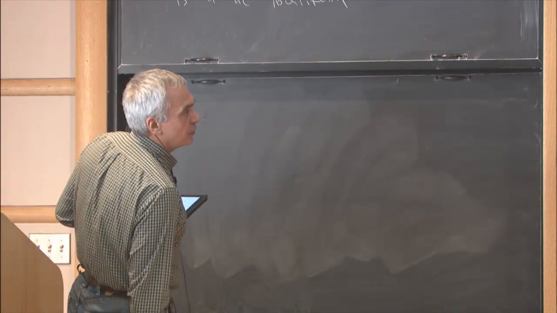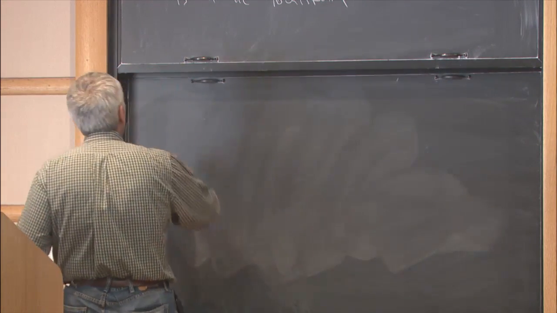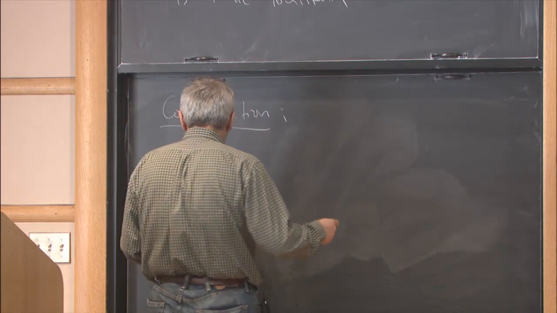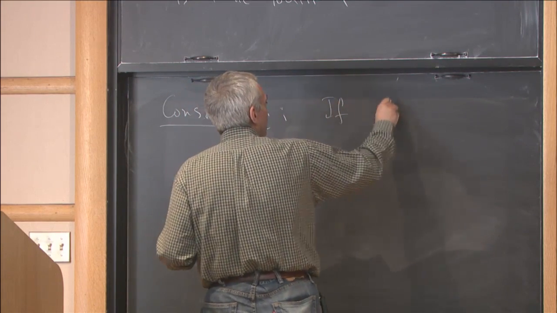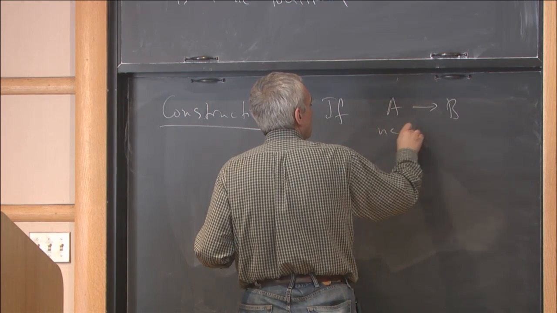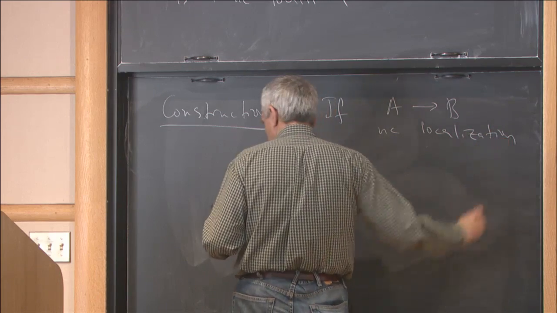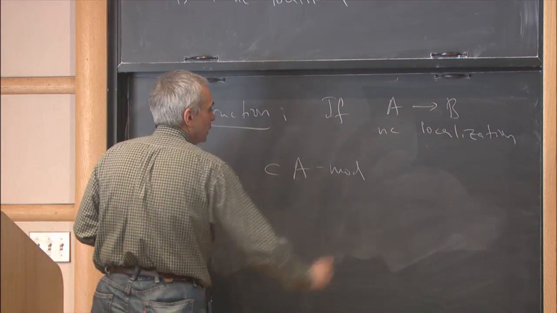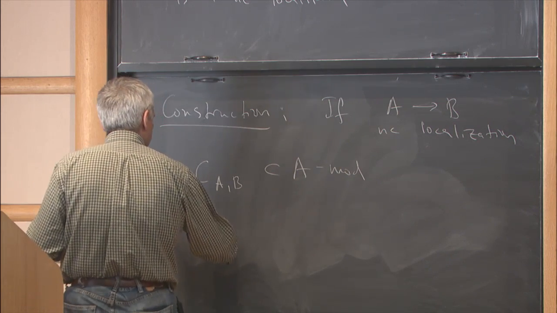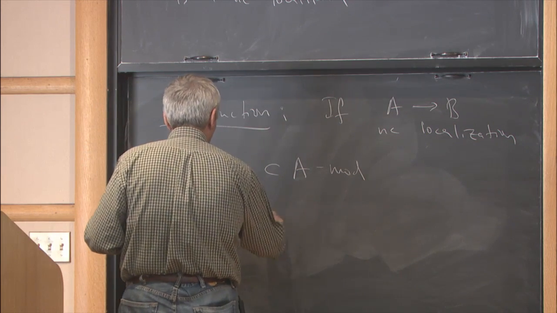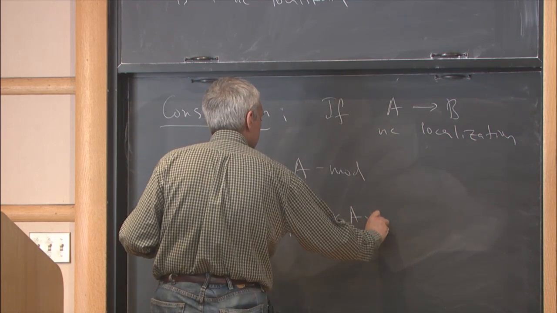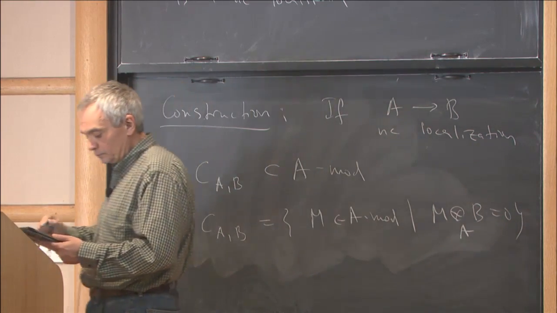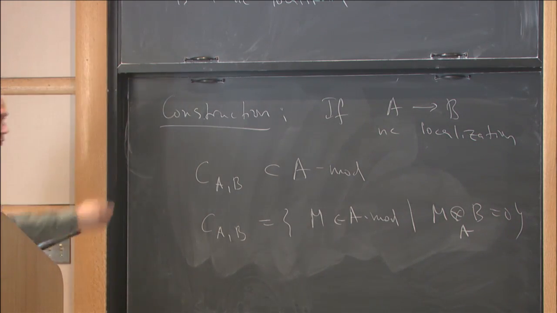And so the virtue of this non-commutative localization, why is it useful, is that the basic construction here is that if you have a non-commutative localization, then you get a natural subcategory in the category of A modules, which is everything that's annihilated by B, in the homotopical sense.